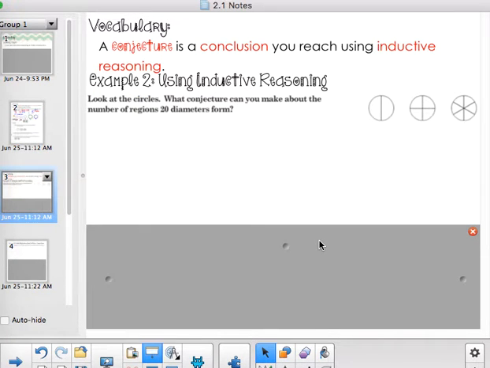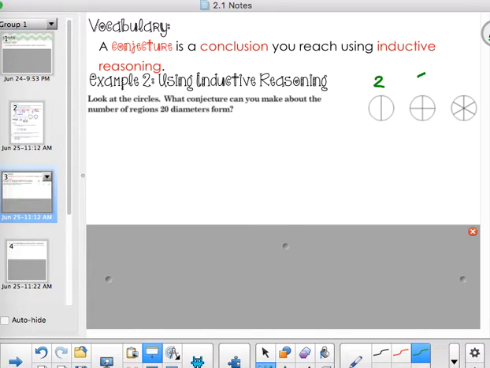All right, so then we are looking at these circles, and we need to create a conjecture about what will happen when we use 20 diameters in a circle. This is where I was referring to on the previous page that it might be helpful to create an equation. Looking at the first term, I'm noticing that there are 2 regions formed by 1 diameter.